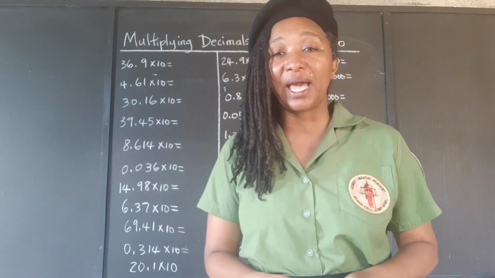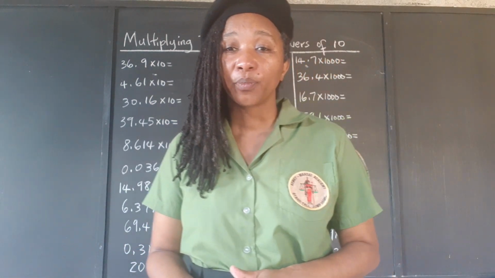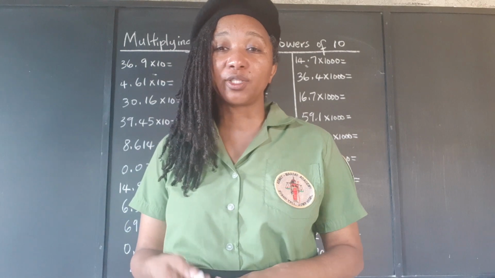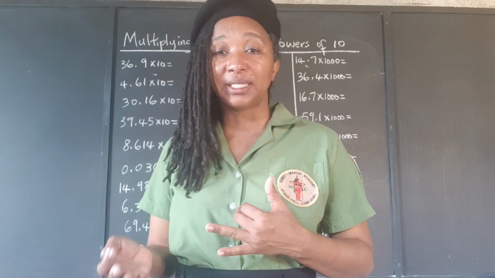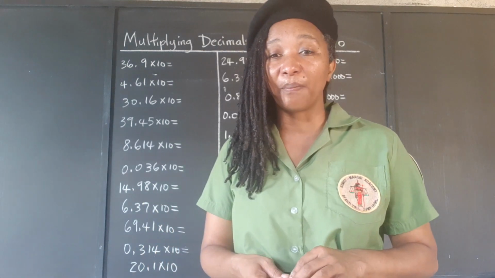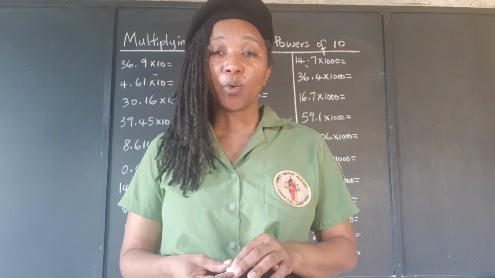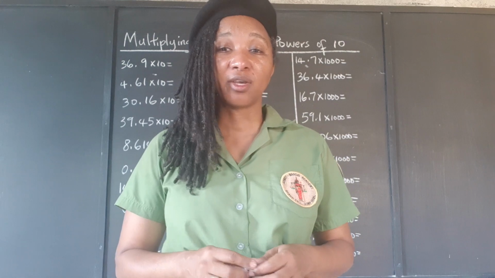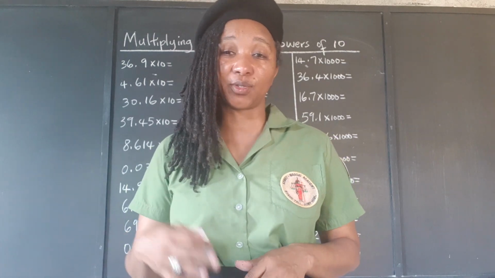If we're multiplying by 100, we would move the decimal point 2 places to the right, since 100 has 2 zeros. If we're multiplying by 1000, we would move the decimal point 3 places to the right, and so on.